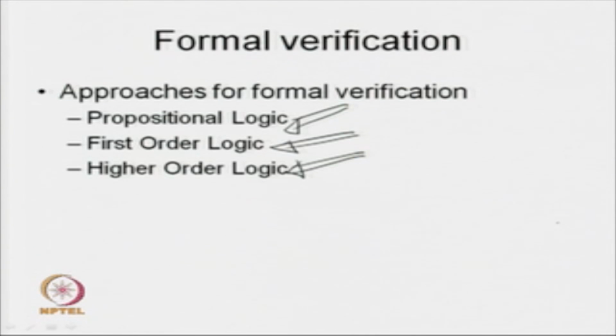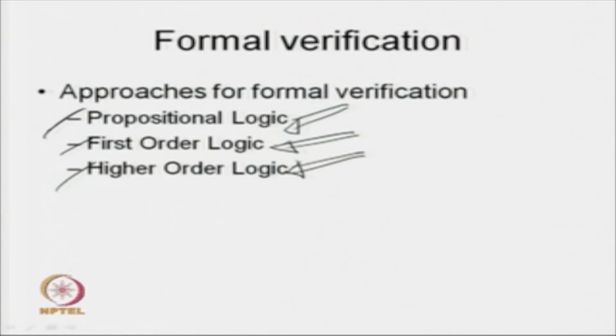If you look into this particular order, first I am saying propositional, then first order, then higher order. That means we are going from basic logic to more and more complex logic. When we go for a complex logic, simply I can say that we are having more expressive power. What we cannot express in propositional logic can be expressed in first order logic. Again, if something cannot be expressed in first order logic, that can be expressed in higher order logic.